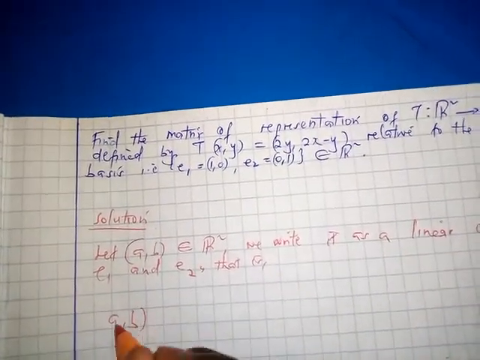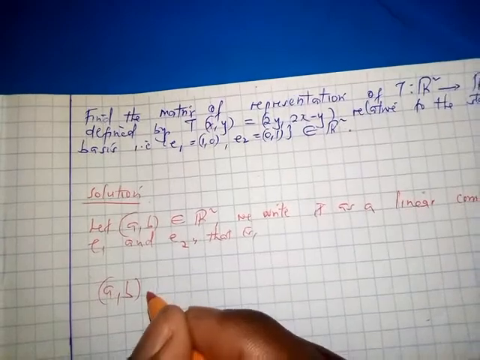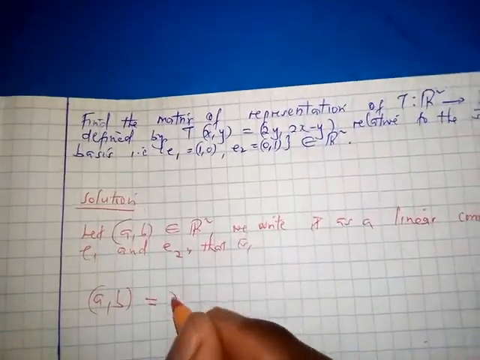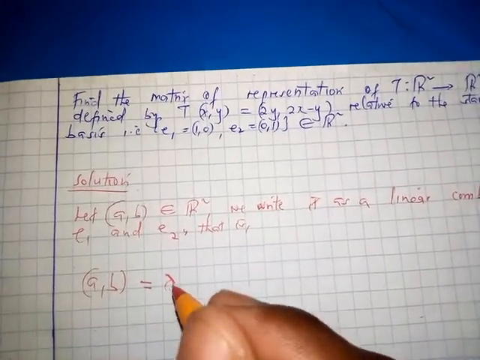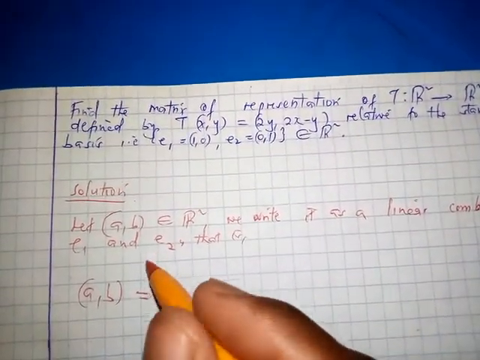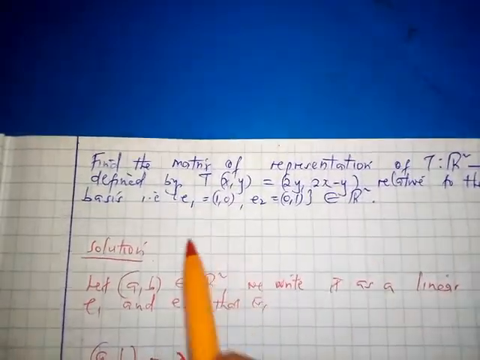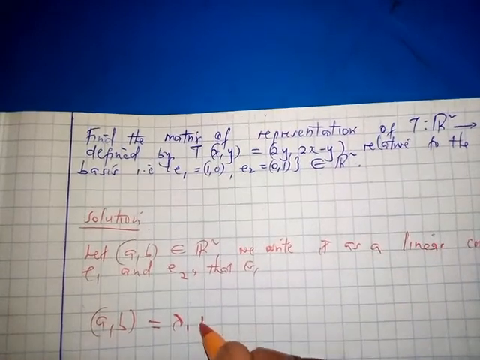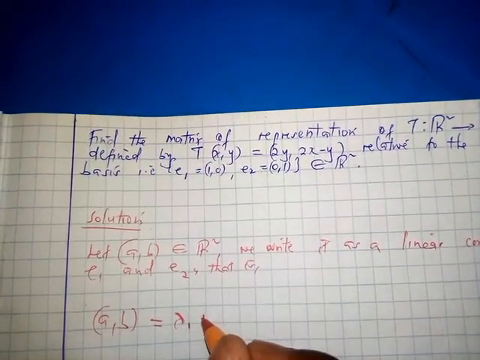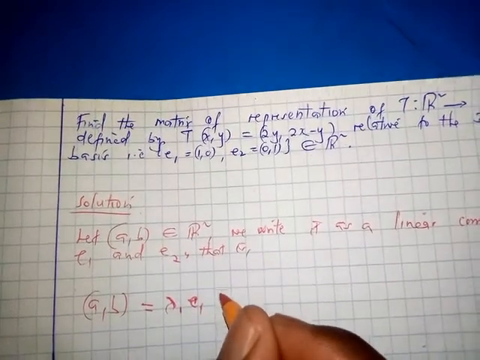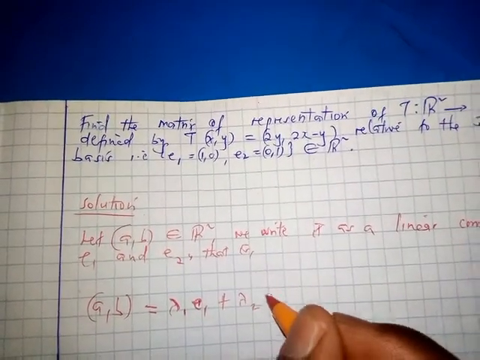(a, b) is equal to lambda 1 E1 plus lambda 2 E2.